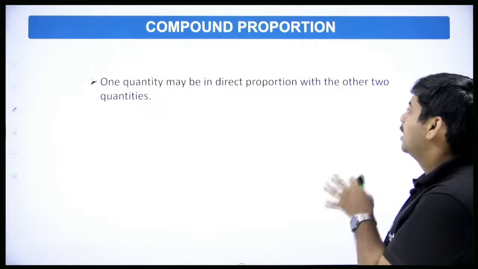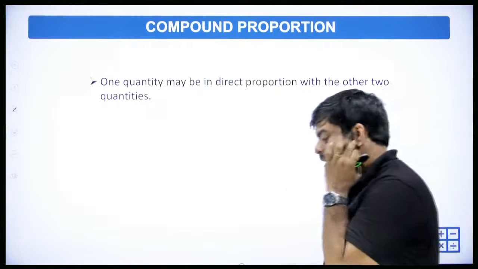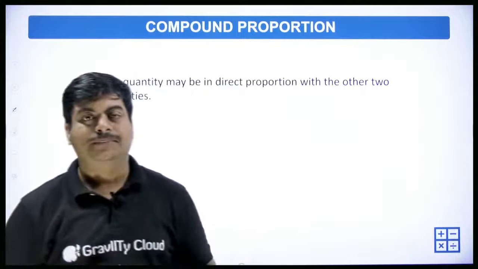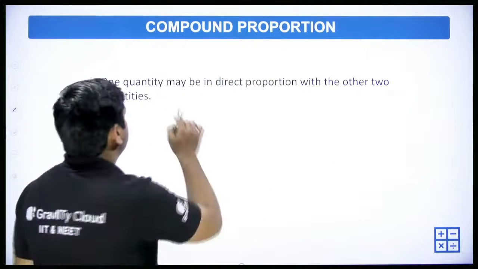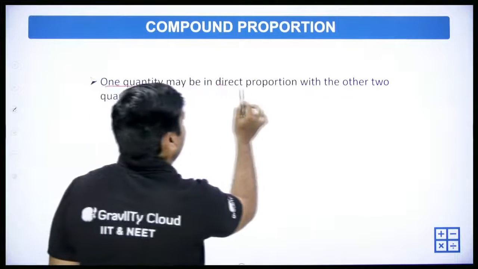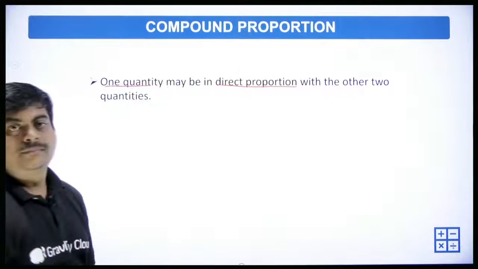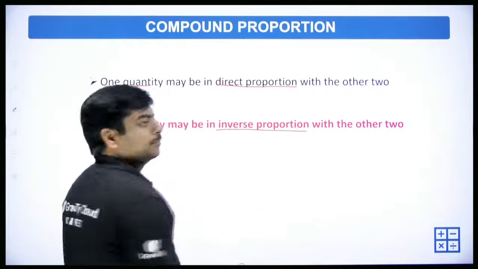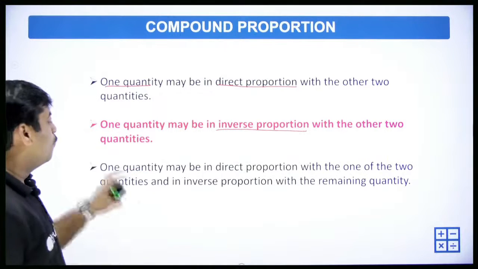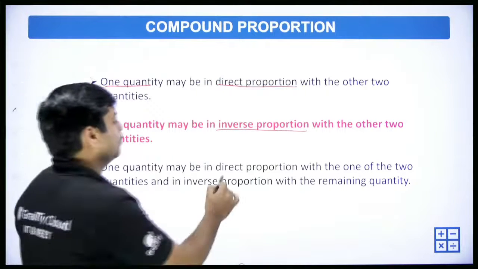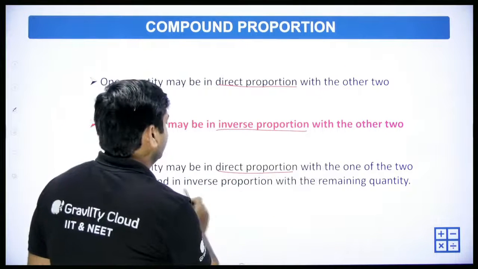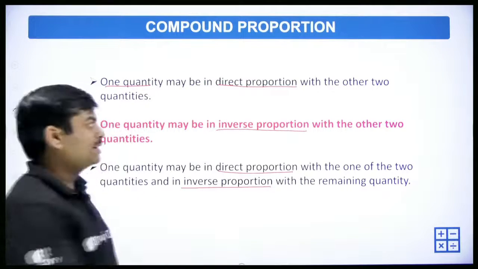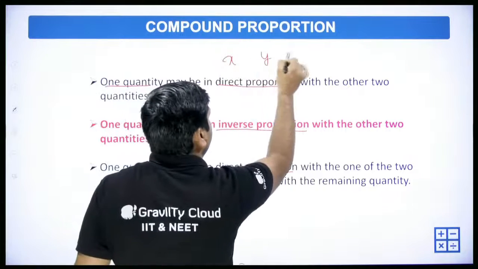One quantity may be in direct proportion with the other 2 quantities. Let's take 3 different quantities in the same situation. One quantity may be in direct proportion with the other 2, or one quantity may be in inverse proportion with the other 2, or one quantity may be in direct proportion and inverse proportion with the other. There are a total of 3 quantities, let's say x, y, z.